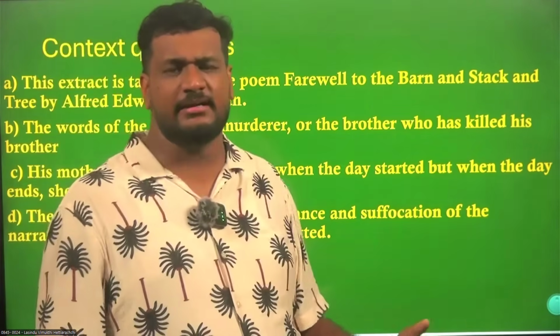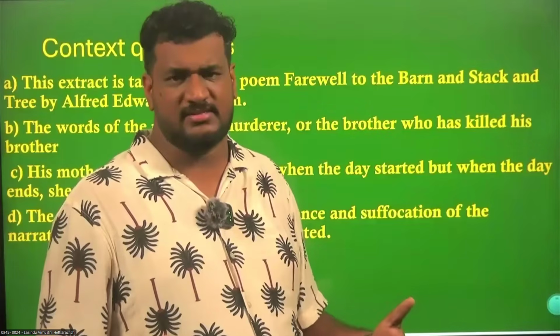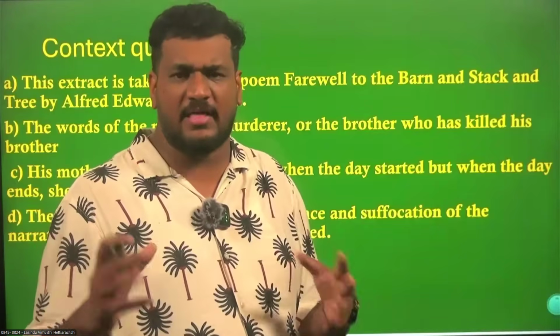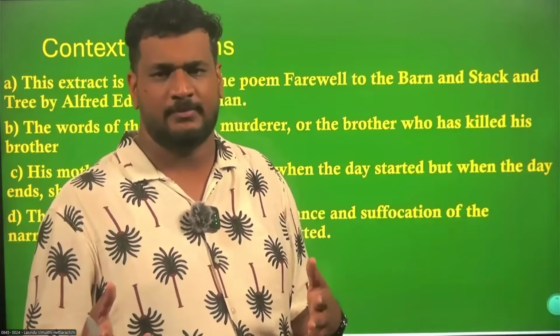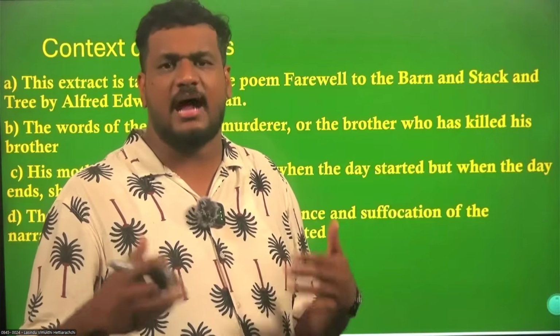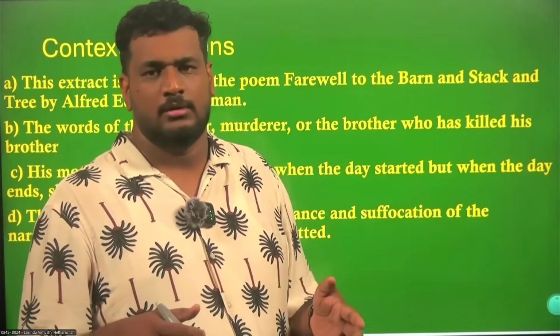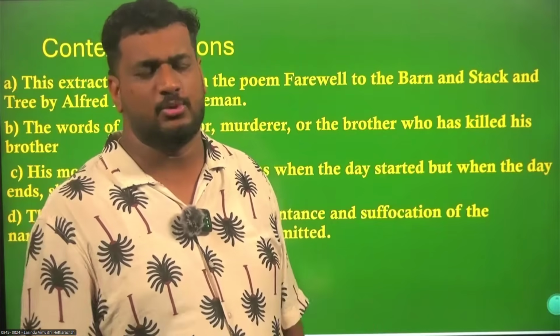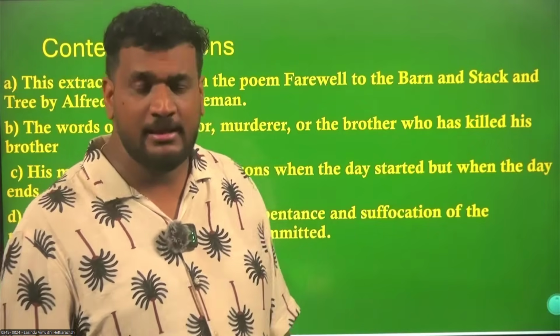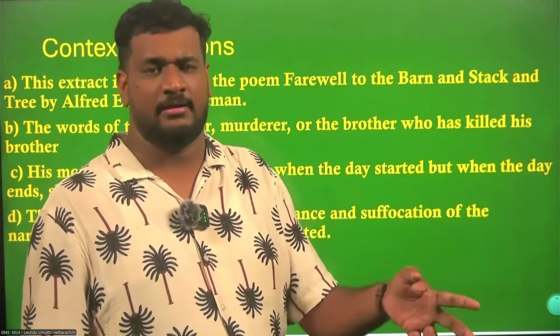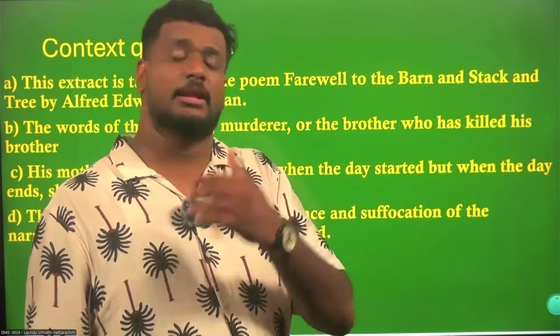When the day started, she had two sons, which means the brothers did not have any problem. This problem actually started when they were working on the field. Now, no one is going to return to the house. Why? One brother has killed the other one, and the murderer cannot return alone.